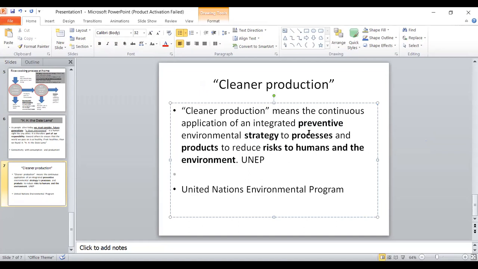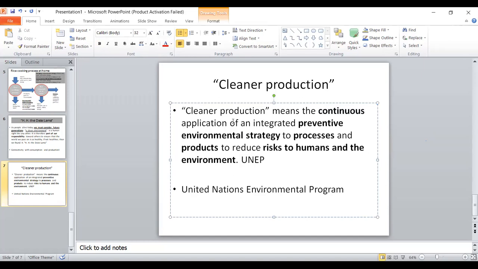We call this strategy an environmental strategy. And this preventive strategy is something we have to look into continuously.